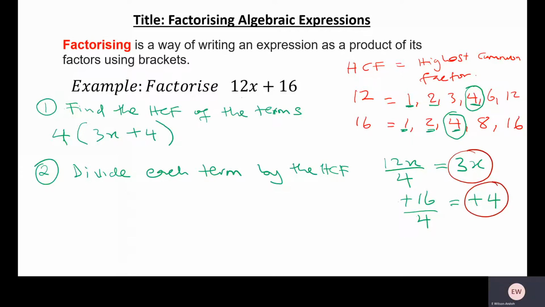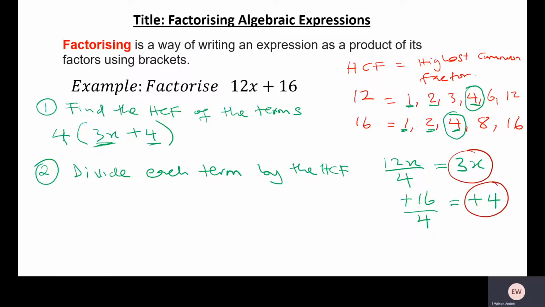Now, one thing we have to note is that after we have factorized, we have to make sure that the terms we have in the bracket do not have any common factor except 1. When you check the terms, we have the numbers 3 and 4. We do not have any common variable. So the highest common factor of 3 and 4 is 1.